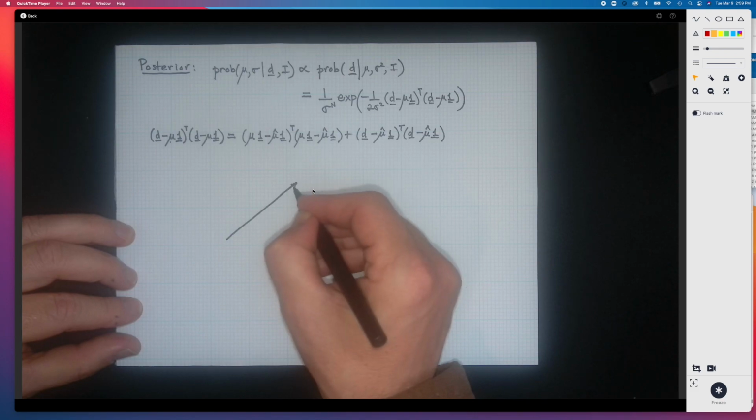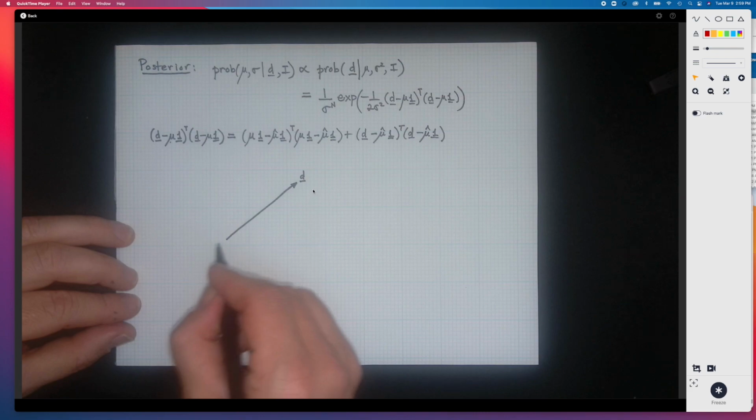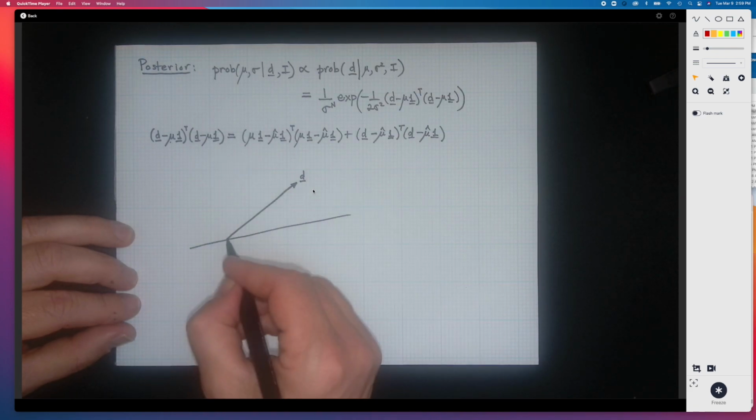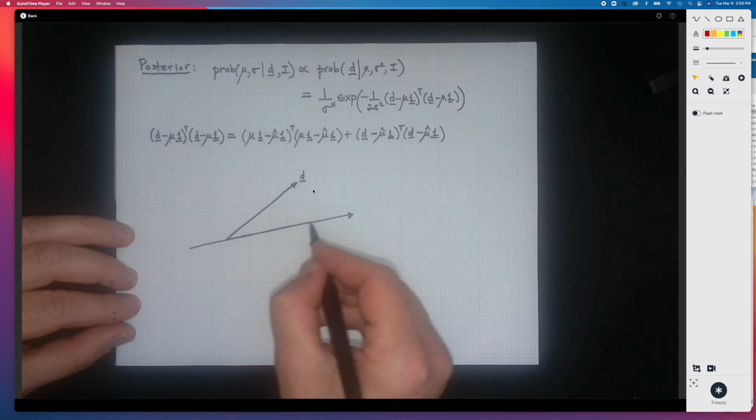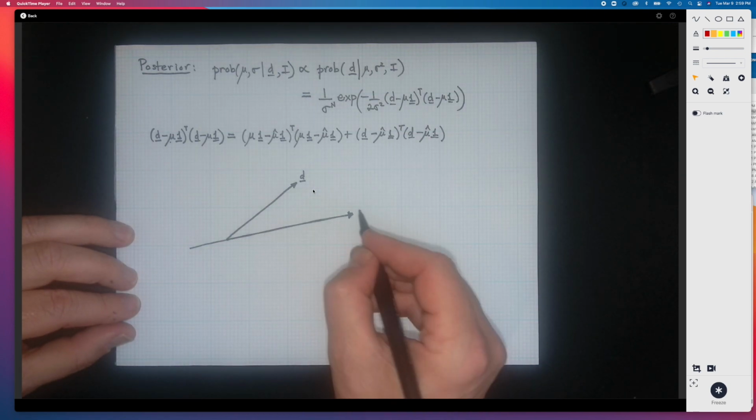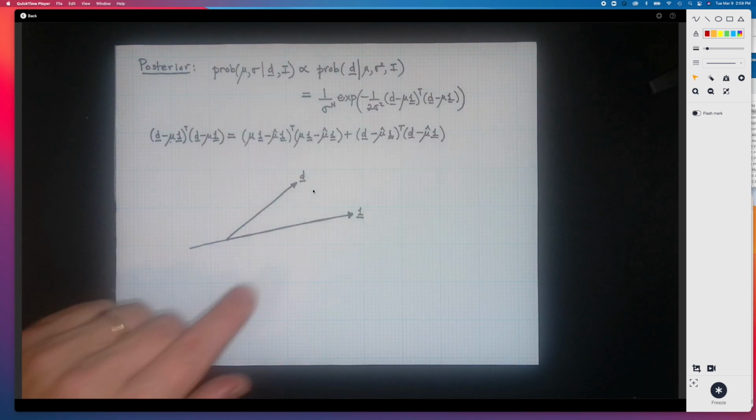So this is the data vector d, and over here is the model vector, which is a column of 1s.